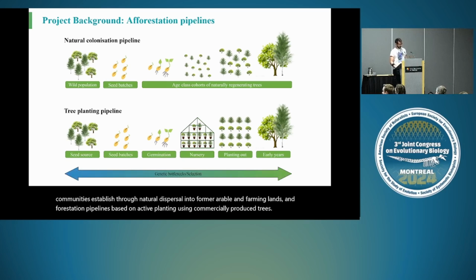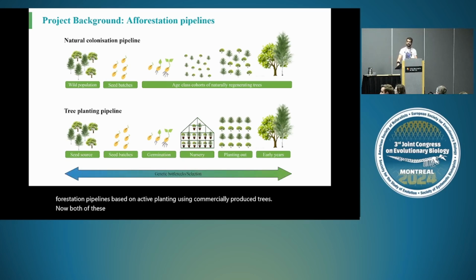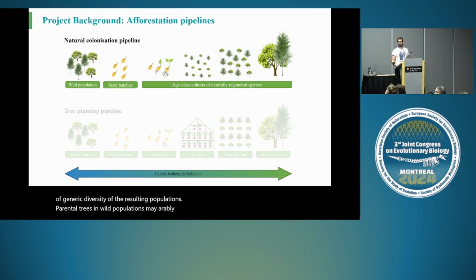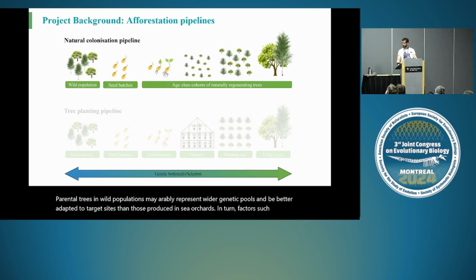Both of these strategies involve different stages and processes that can affect the levels of genetic diversity of the resulting populations. Parental trees in wild populations may arguably represent wider genetic pools and be better adapted to target sites than those produced in seed orchards. In turn, factors such as climate, predation, and incidence of pests and diseases can reduce the levels of genetic diversity through differential mortality across age cohorts.